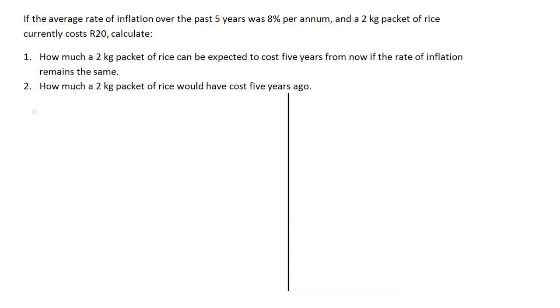As mentioned, when calculating inflation, we use the compound interest formula. The principal amount is given as 20 Rand. This is indicated in the problem. The interest rate is given as 8% per annum.